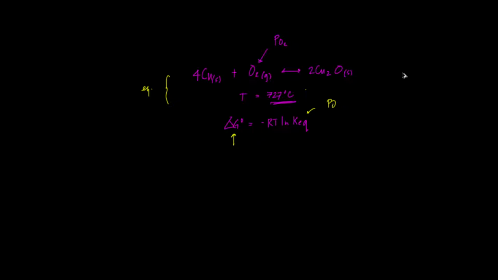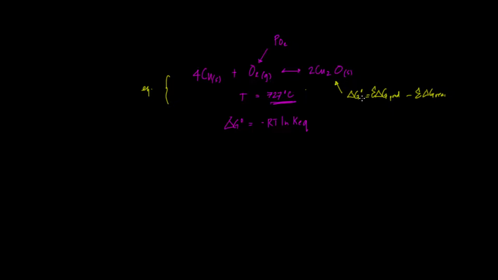So usually ang ginagawa natin is we compute for the delta G of this equation, and the delta G of this equation is just equal to, we use Hess law, no? Delta G of the products summation minus the summation of the delta G of the reactants. Tama? So that's how we usually do it.